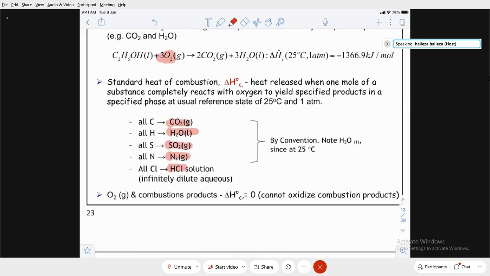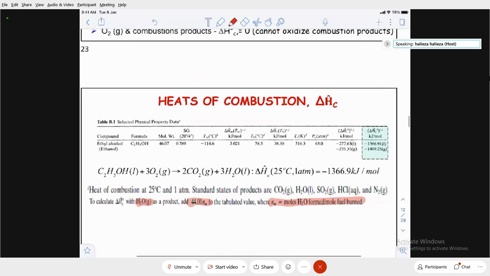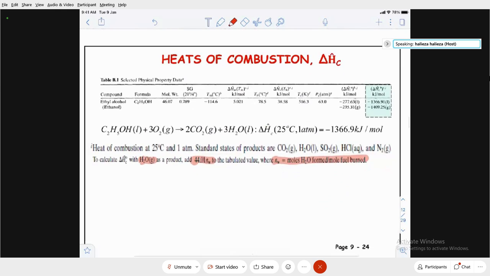The ones that I highlighted are the products of combustion.